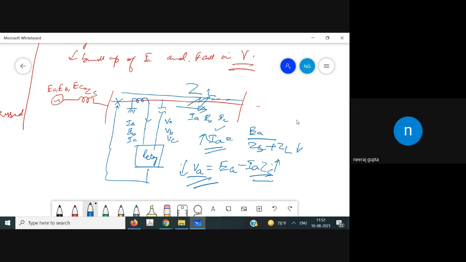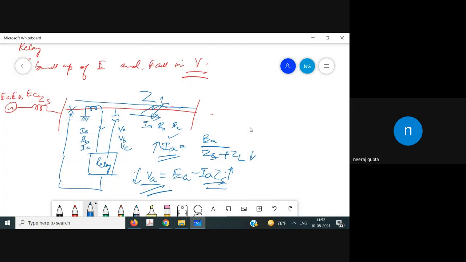If you take the case of the phasor diagram, we have EA, EB, and EC, and let us take the component of IA only.